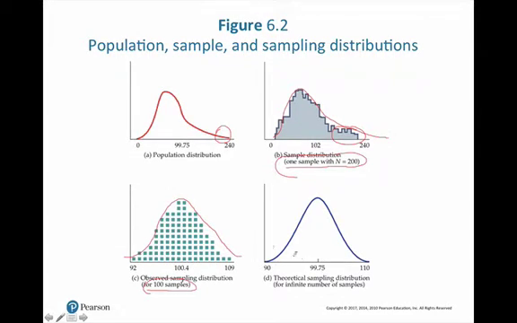And that corresponds to the idea that the theoretical sampling distribution for infinite numbers of samples is normal, even when the population distribution is not. And this is a critical element of what's known as the central limit theorem. This allows us to make inferences about populations, even if they're skewed. So the logic of inferential hypothesis testing is based on this idea of a normal distribution that we can associate with percentiles along this axis.